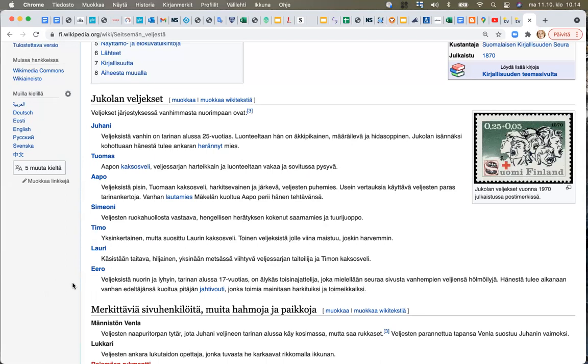For instance, Eero, at the beginning he's only 17. He's clever, and he always teases Juhani about his stupidity.